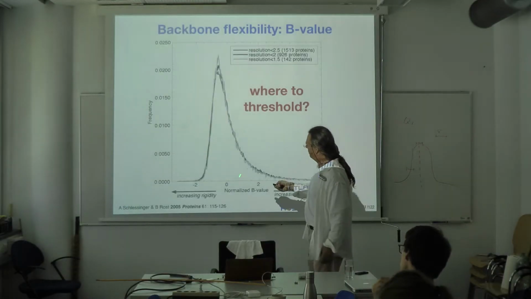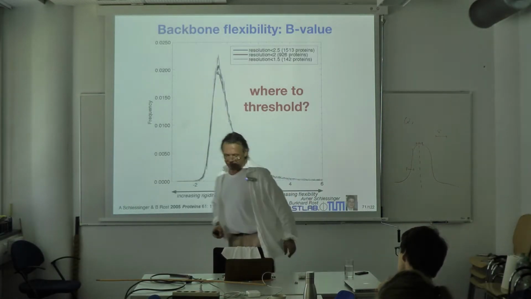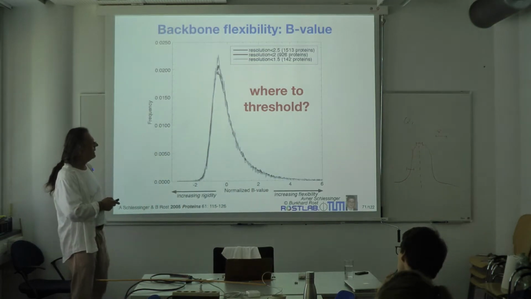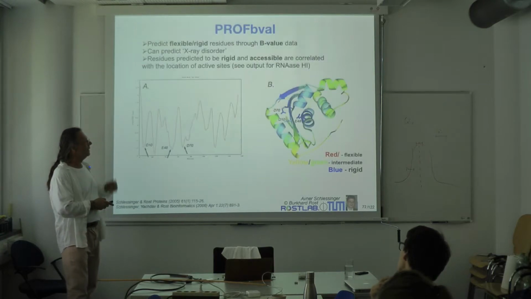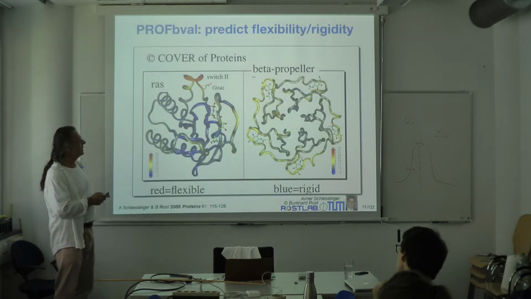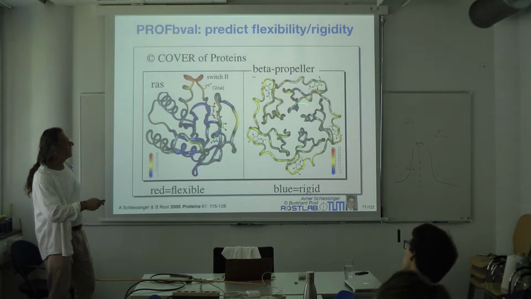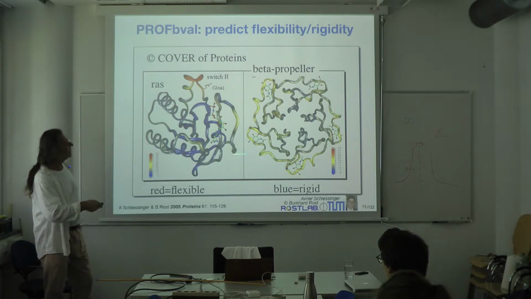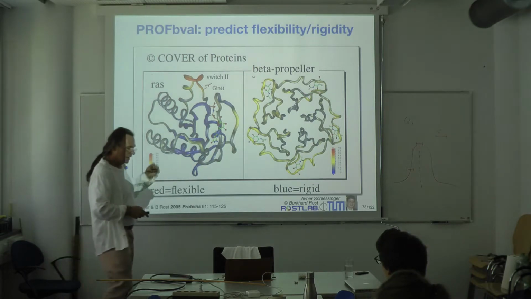In fact, putting it somewhere where you have enough data and where making mistakes is not so bad is the best way of doing it. And then you can develop a method, and that method can sometimes predict that something is important to be rigid, and sometimes that it's important to be flexible.